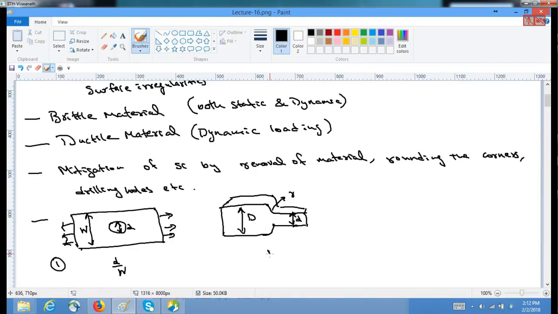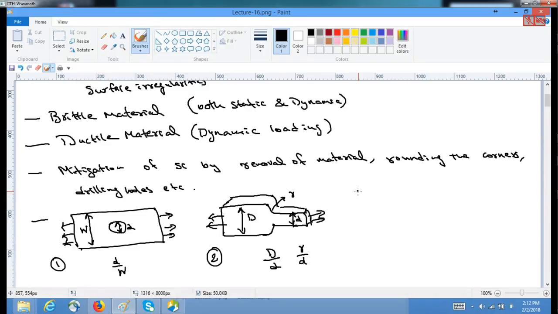Based on the D by d ratio and r by d ratio, this is a flat plate with a shoulder and a fillet at the shoulder. We have given the stress concentration factor. This is subjected again to tension or compression.